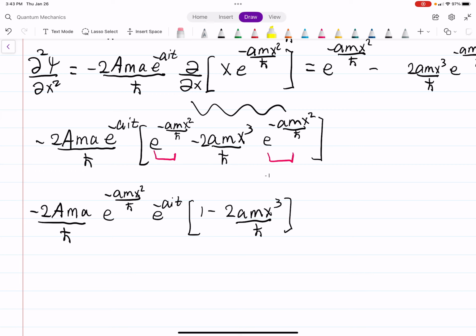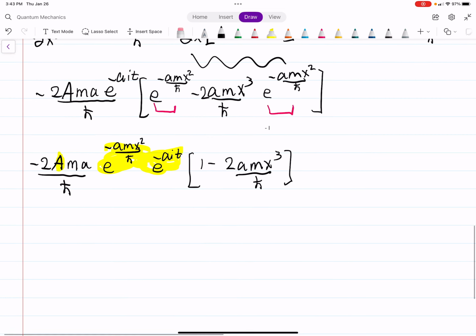And you might notice that we get our original, that was just our original wave function psi. So that is good. We have minus 2 m a over h bar times 1 minus 2a m.